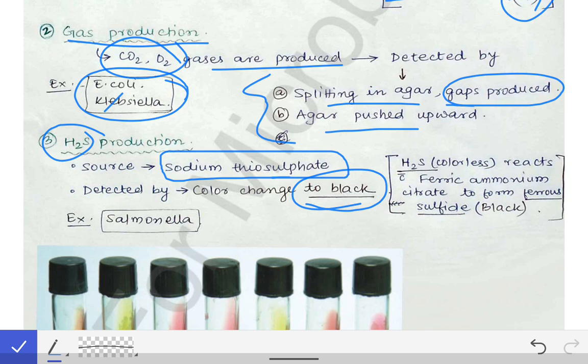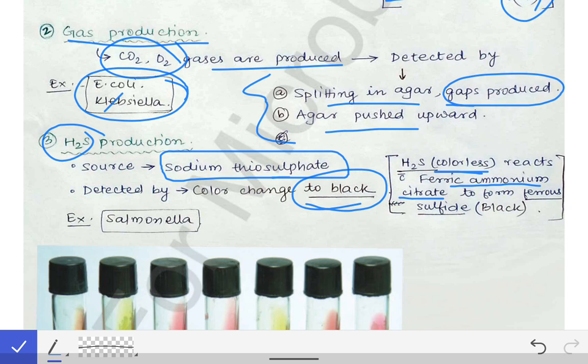But it is of surprise, since H2S gas is colorless, then how is that black color getting produced? H2S gas is colorless, that is known to all of us, but that black color is because of the reaction of the H2S with the ferric ammonium citrate, which is again a component of that TSI agar.